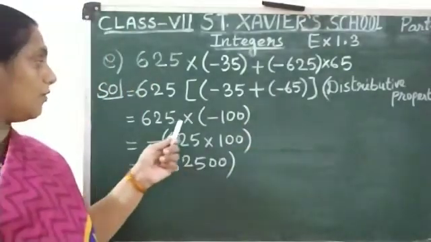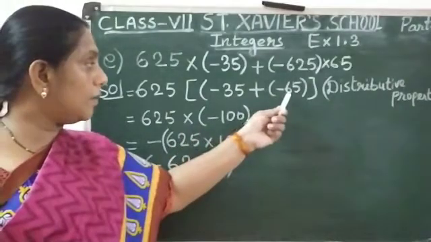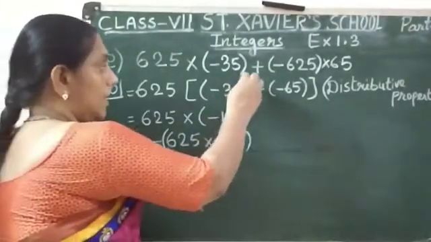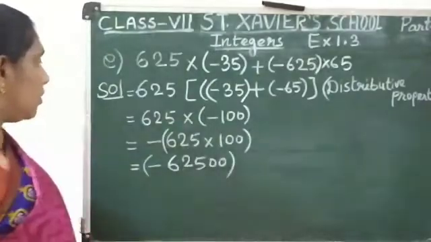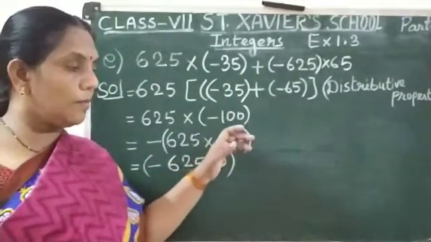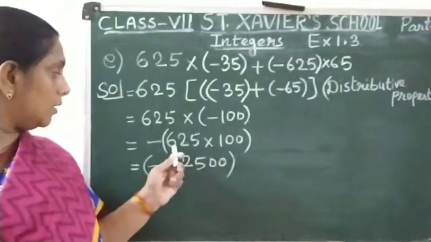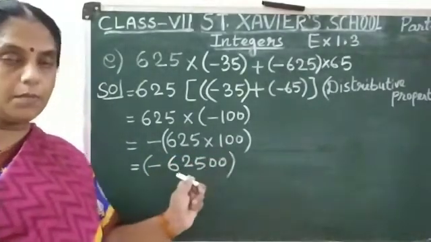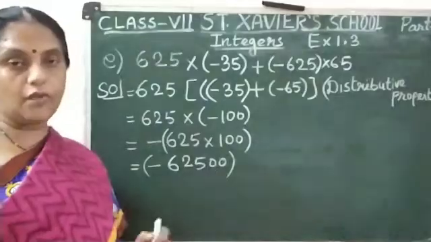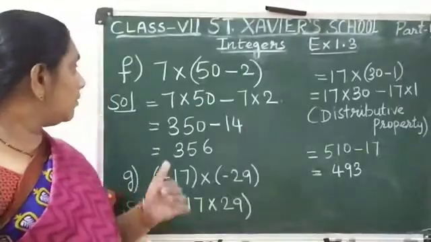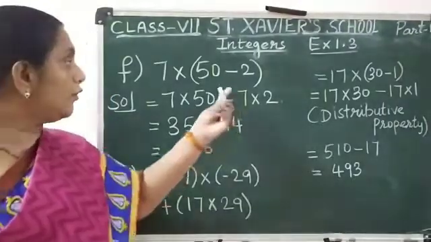So minus 35 and minus 65 will become minus 100. So 625 into minus 100. So you are having minus, 625 into 100 is minus 62,500.